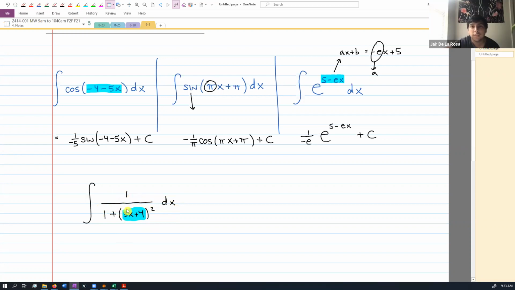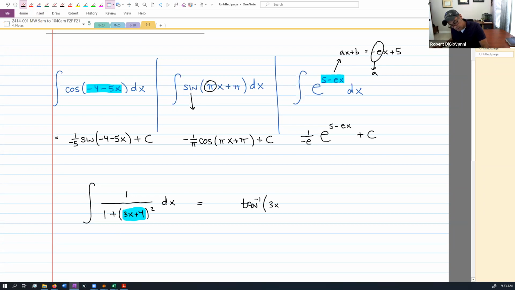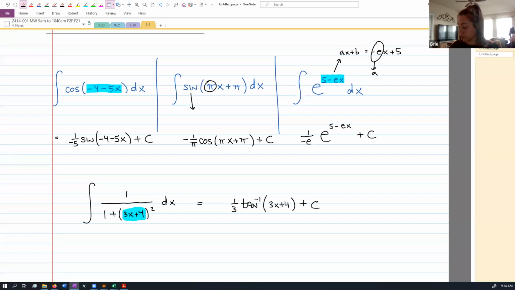Arctangent, right? So could it be possible that this is just arctangent of that linear expression plus c, but because of chain rule, I'm going to need what out front to kill off that a that pops out? 1/3. Do you see? This can be generalized to really anything. But the key is to see that it only works when you have that linear expression in there.